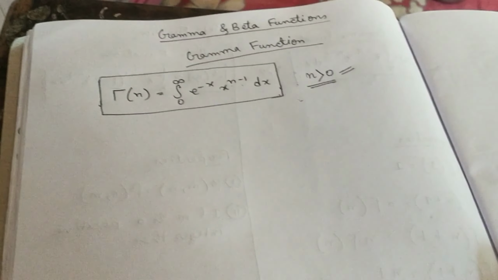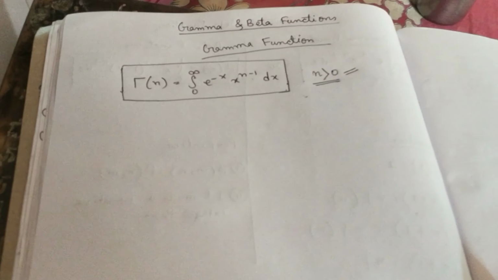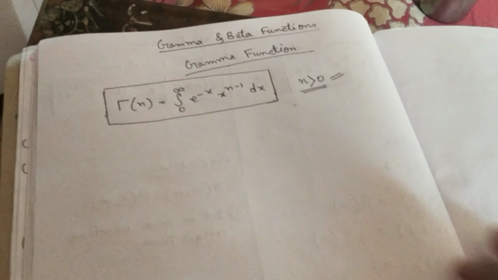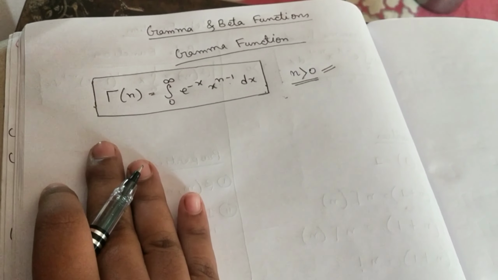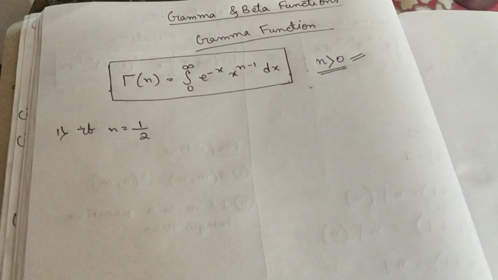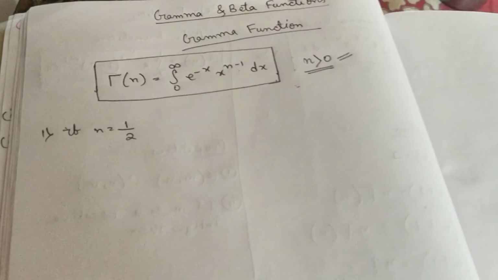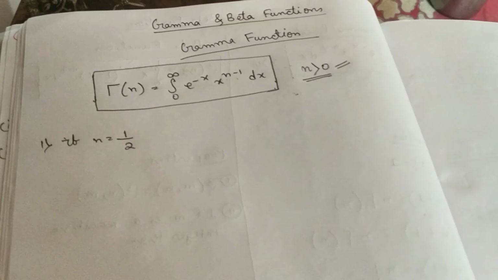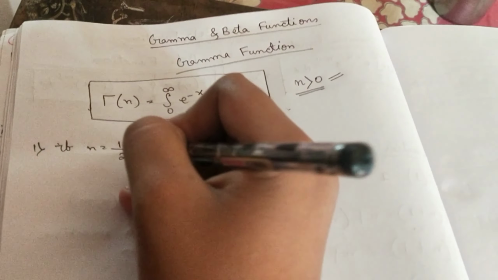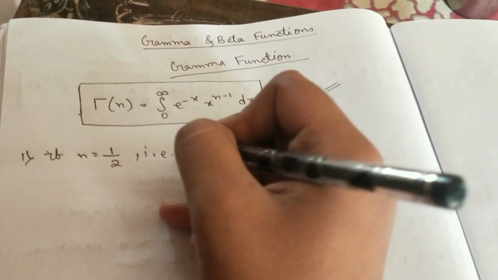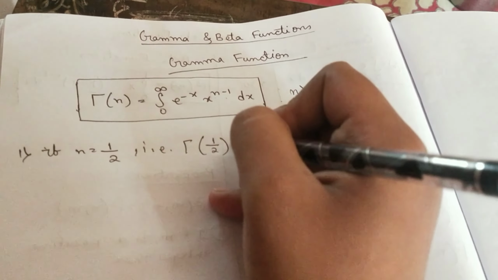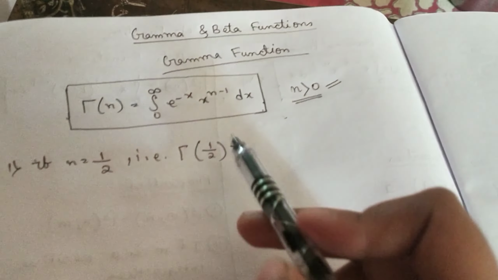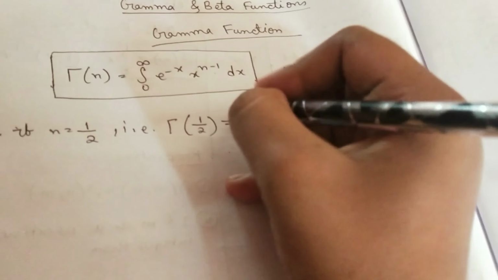So now let us know the properties. Okay, before starting the properties, first let you know how to use this formula, right? See, if n equal to half, that is, if gamma half, then how will we write this?